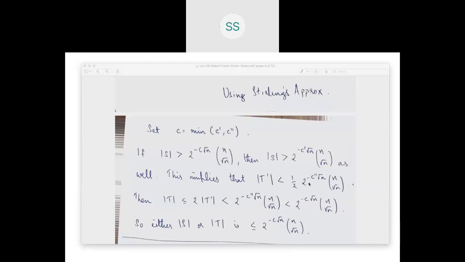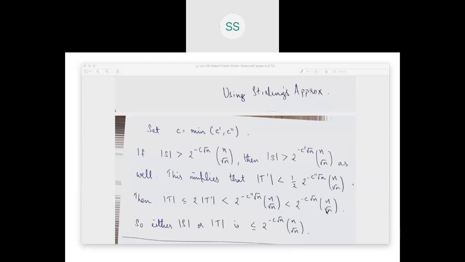So the size of T prime is at least half of the size of T. So the size of T is at most 2 times the size of T prime, so that this half goes away: 2 power minus c double prime square root n fraction. And since c double prime is at least c, this is at most 2 power minus c square root n choose square root n.